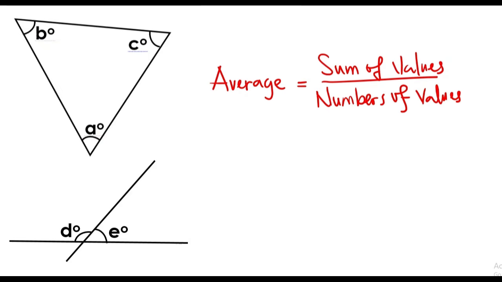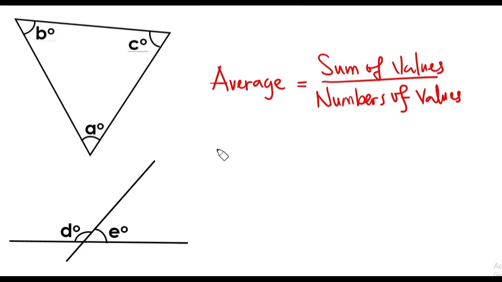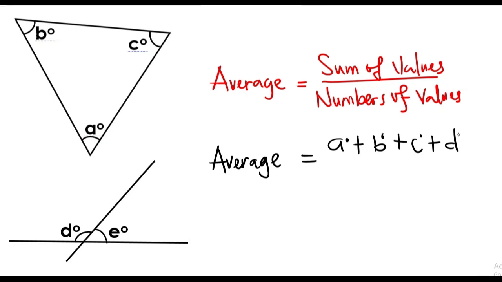So what the question is saying is to find the average of all these angles, which means the average of all the angles is going to be A degree plus B degree plus C degree plus D degree plus E degree, then the whole thing all over, how many of them? 1, 2, 3, 4, 5, all over 5.